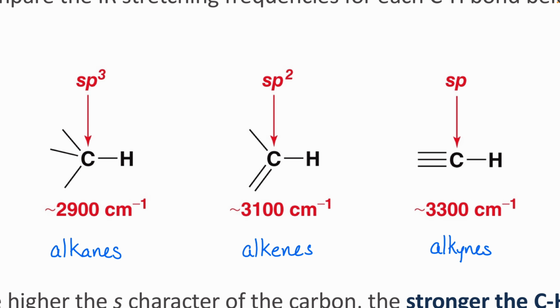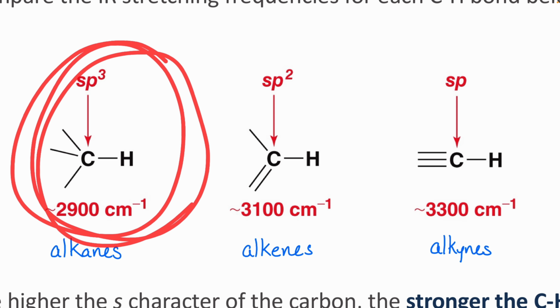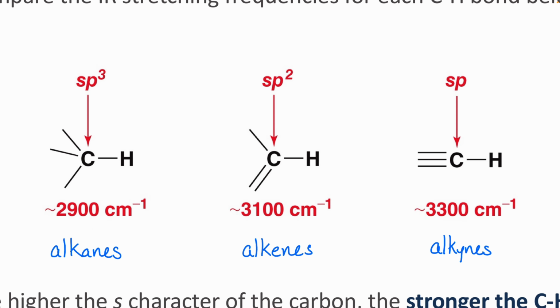All right, so these three different hydrocarbons, we can distinguish which one we have based on those carbon-hydrogen bonds and where they absorb on our spectrum. All right, so first of all, let's take a look at these sp3 hybridized carbons and hydrogens. Importantly, just about every molecule contains sp3 hybridized carbons, right?